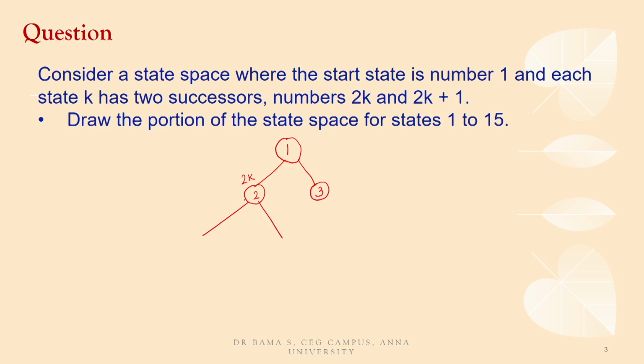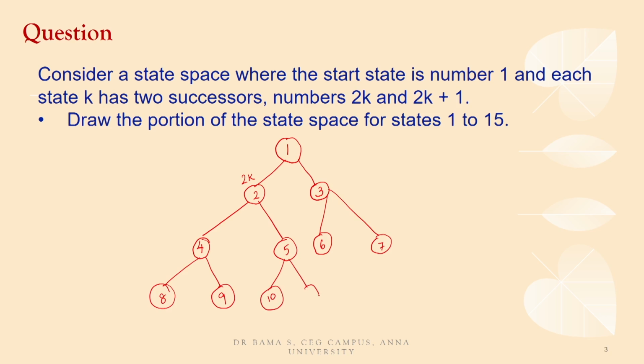Then 2 into 2 is 4, this is 2k, and this side would be 2 plus 1, which is 5, then 6, 7, 8, 9, 10, 11, 12, 13, 14 and 15.